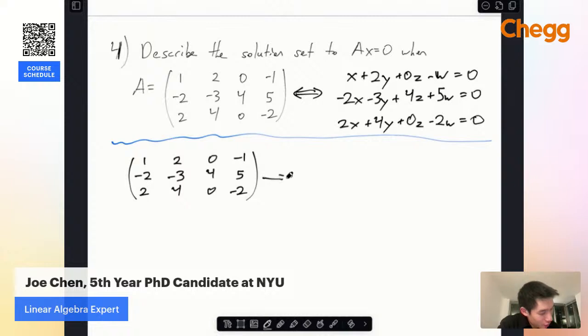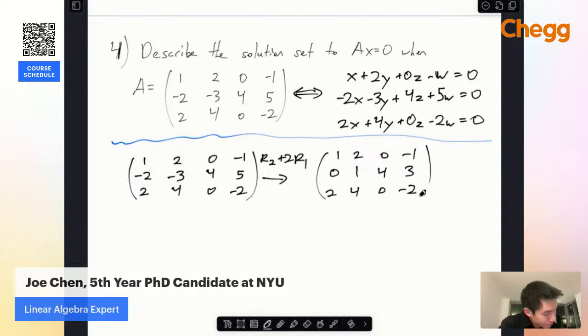I'm going to take the second row and add twice the first row to eliminate this right here. And I get 0 here. You add twice that, you get 1, 4, and 3. And then 2, 4, 0, minus 2.